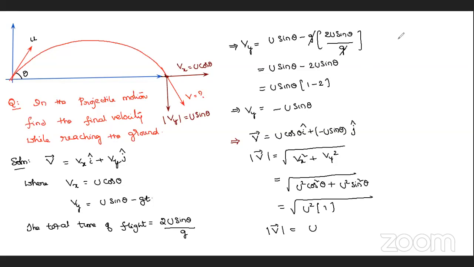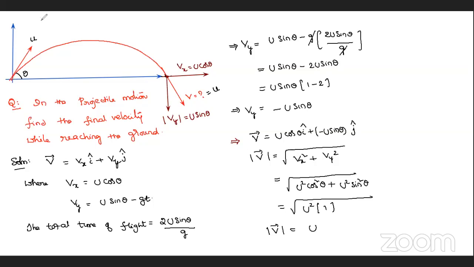Yeah. So this is the velocity. Again we found that the velocity with which it strikes the ground is equal to u, the same velocity. But here only one thing changed. The direction of the vertical component of velocity is reversed. Initially the two components you will get like this.